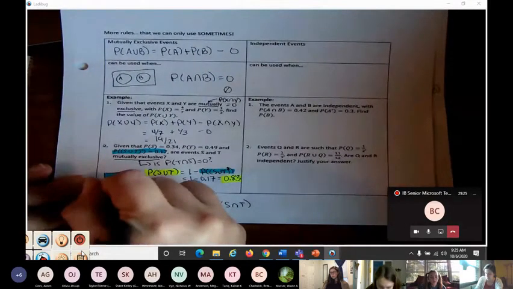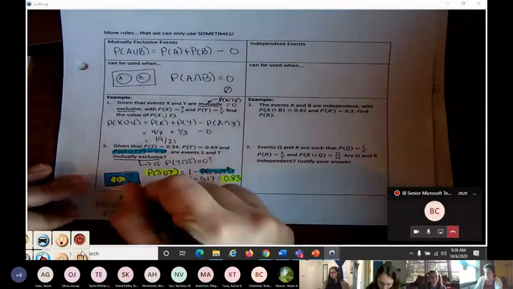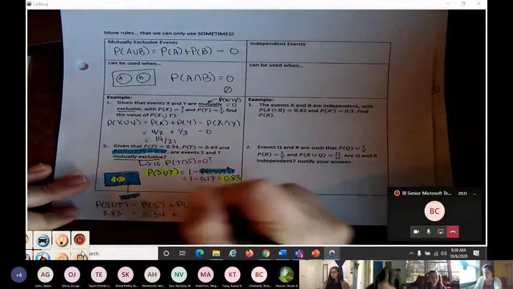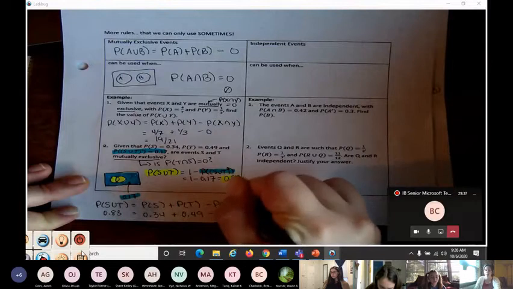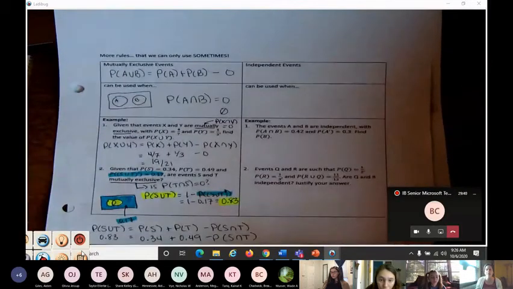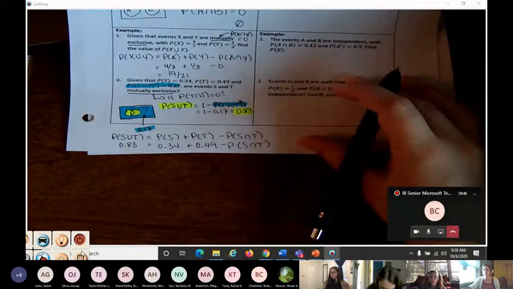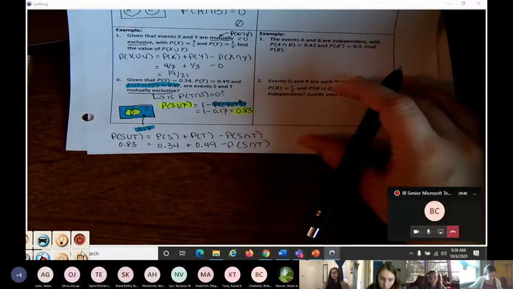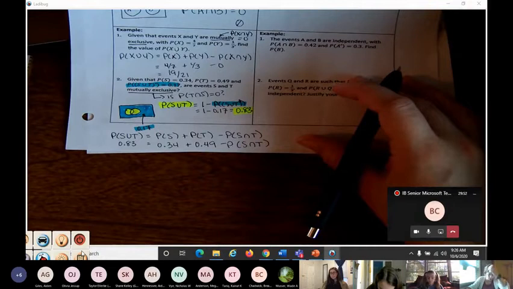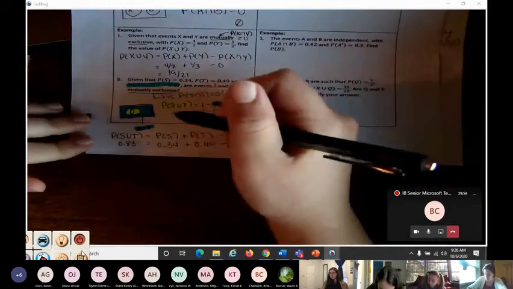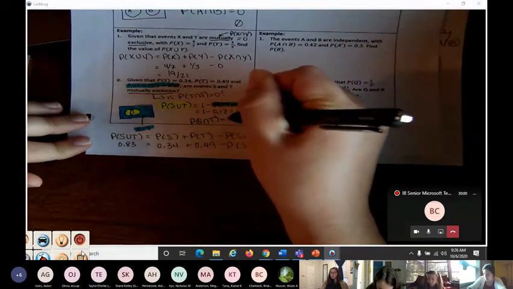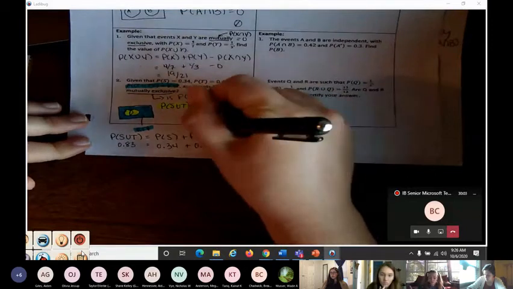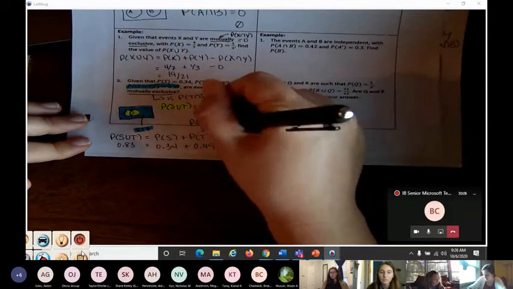So 0.83 is equal to 0.34 plus 0.49 minus the probability of S intersect T. Now, if these guys are mutually exclusive, then we will find that the probability of the intersection is 0, okay? So when I do all of the subtracting, I do end up finding that the probability of S intersect T is equal to 0. So we can claim they are mutually exclusive.